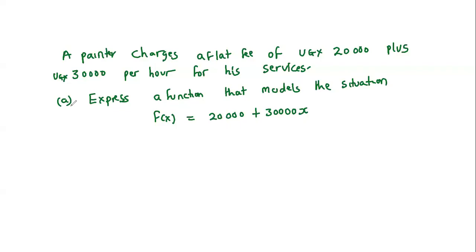That is for part A. But we said always you define what your x stands for. So let x be the hours the person works for, because the hours keep on changing. So that's how you express it in part A.